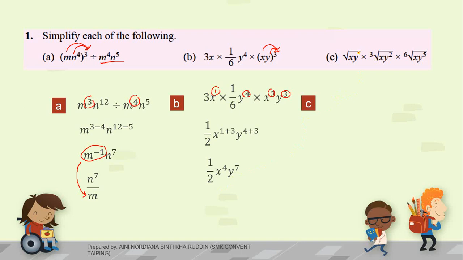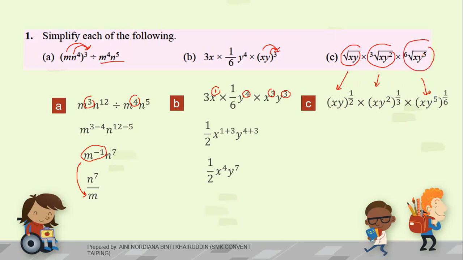For C, change this to xy to the power of 1 over 2. This one change to this. And this one change to this to the power of 1 over 6. And then take out, solve in the bracket. So you get this.